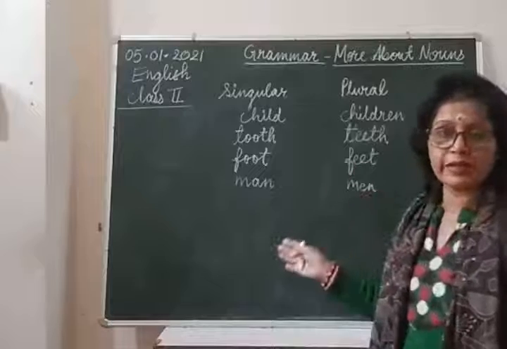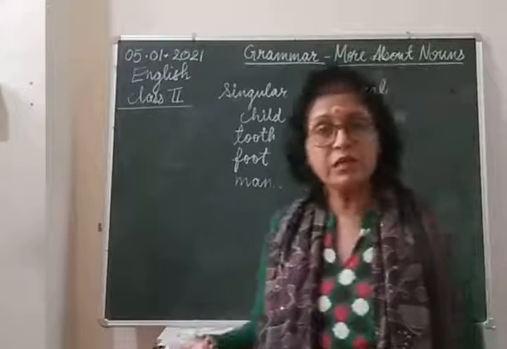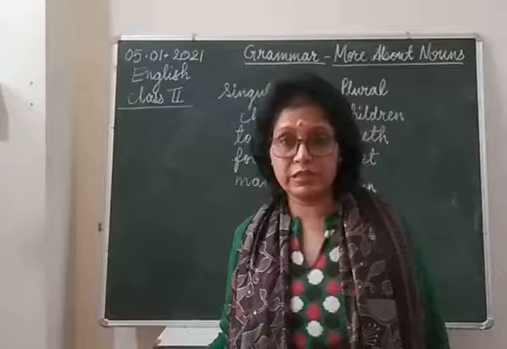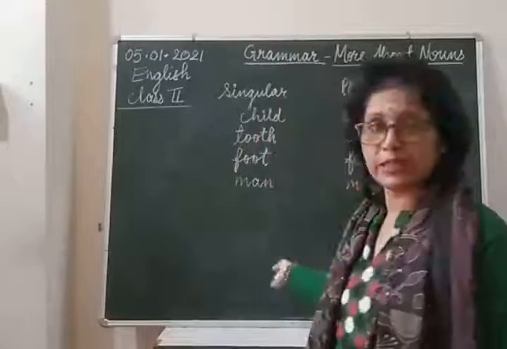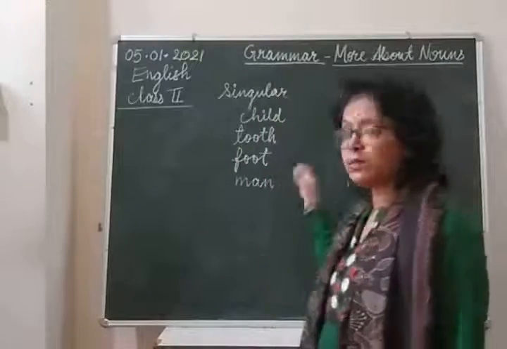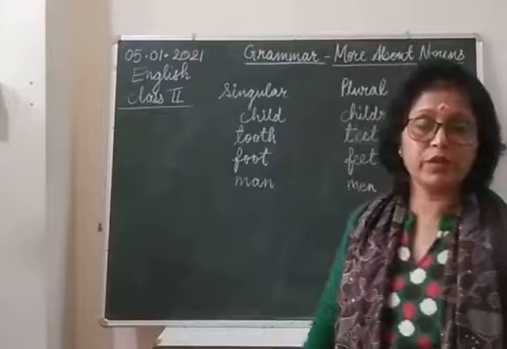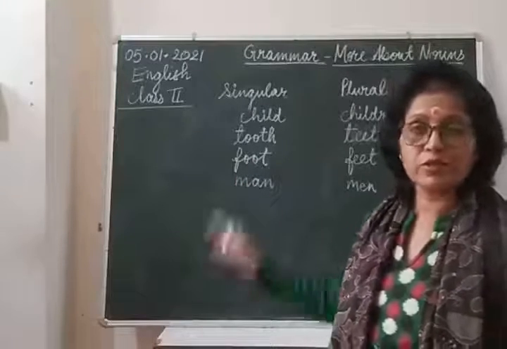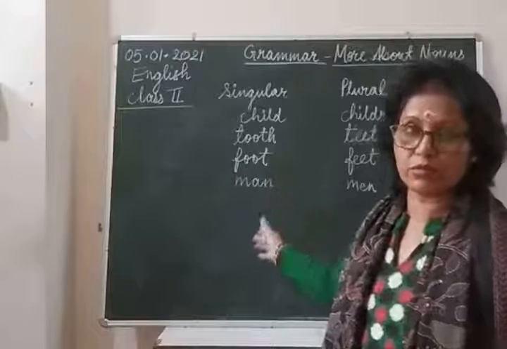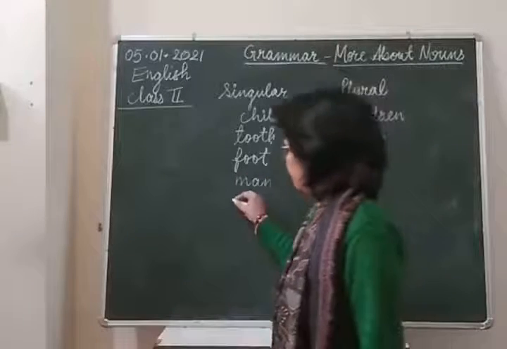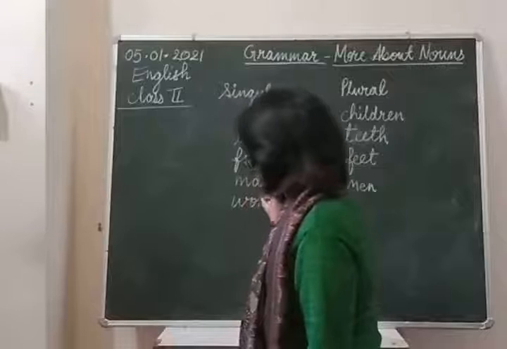We are not adding S, ES, IES or VES to any of these nouns. That's why they are called irregular nouns. The rules that I have explained to you at the beginning of the video, that is not applicable to these nouns. Then another example is woman.